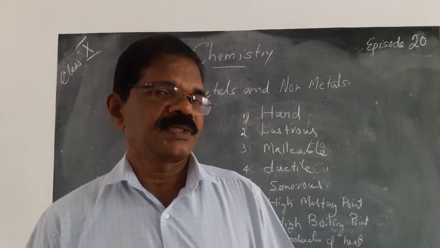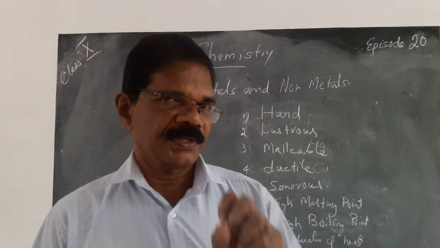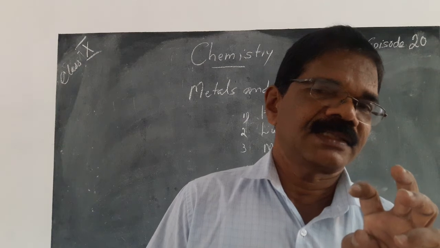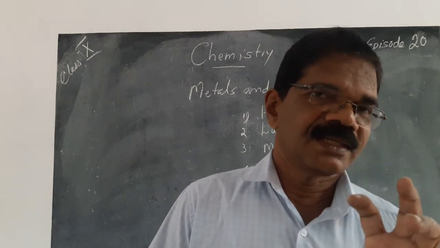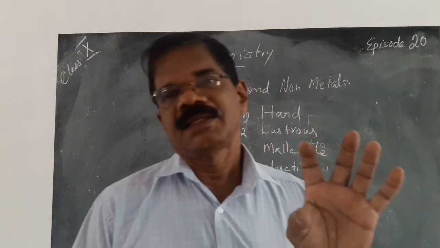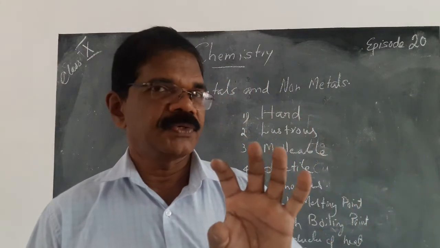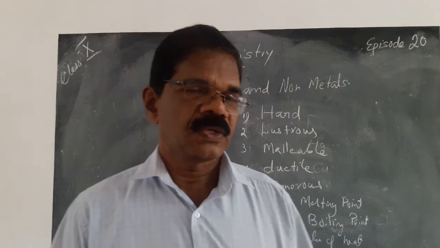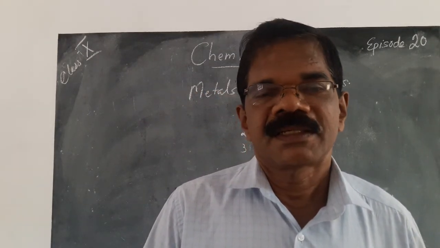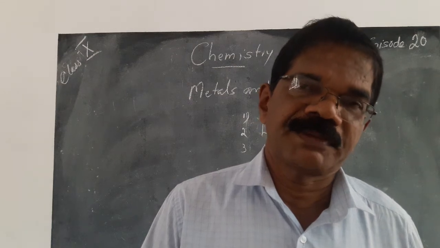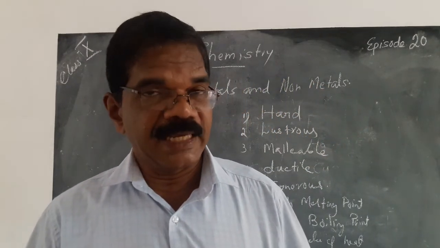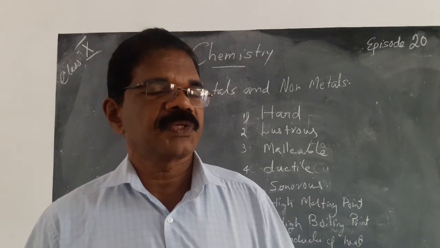After viewing this video, list out the metals, their symbols, names and main usage. For example, gold, symbol Au. Main usage: making ornaments. Silver, symbol Ag, is also used for making ornaments. Then aluminium, symbol Al.